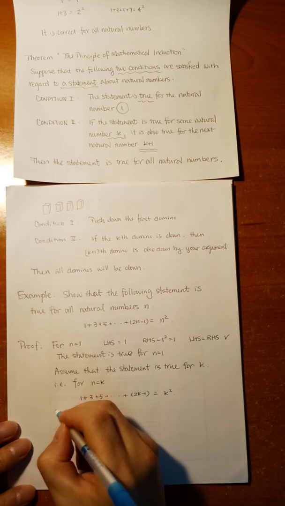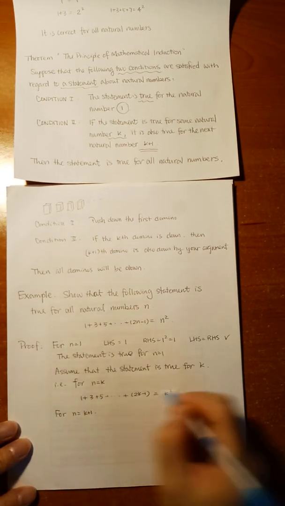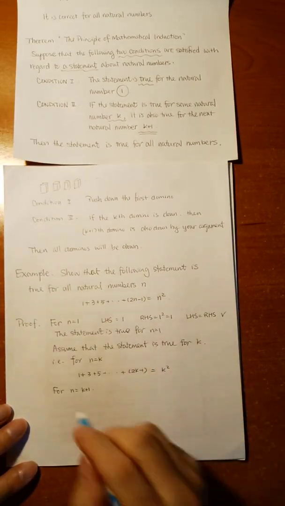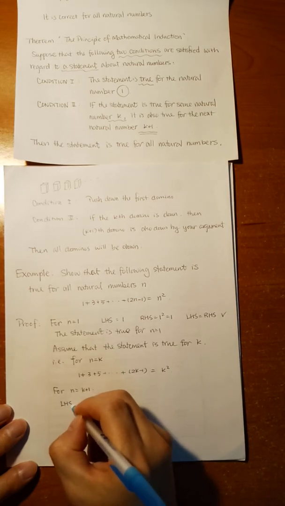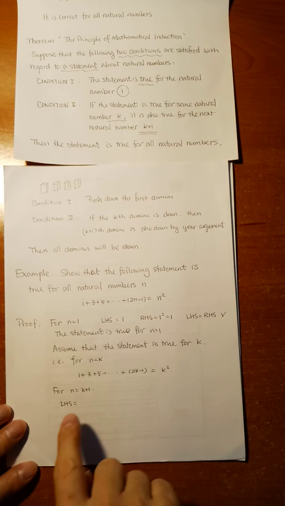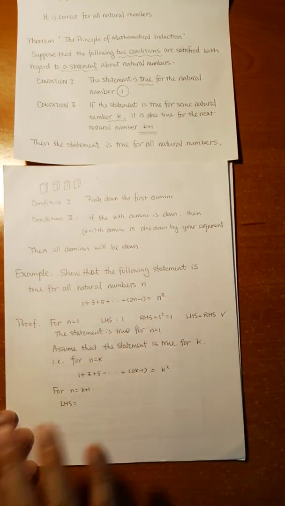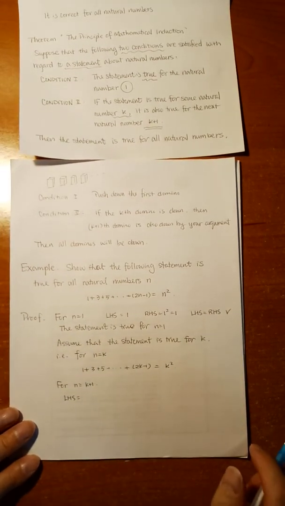For n equal to k plus 1, we want to know if the left hand side is equal to the right hand side or not. So far we still don't know if the statement is true for k plus 1, so you cannot set equality at this moment. You can only study the left hand side and right hand side.